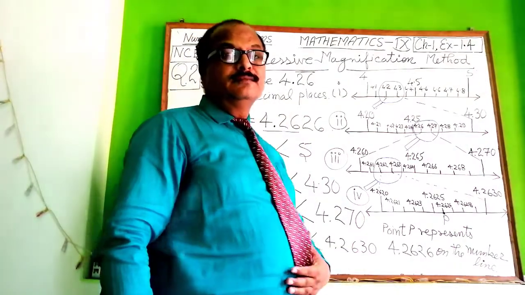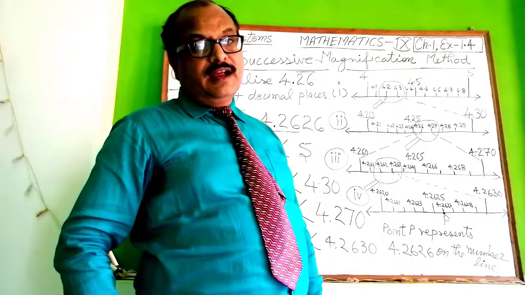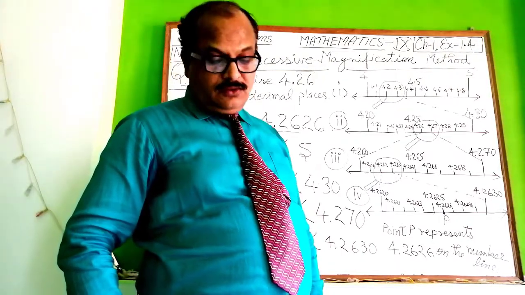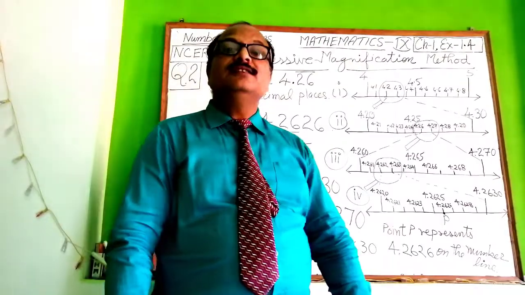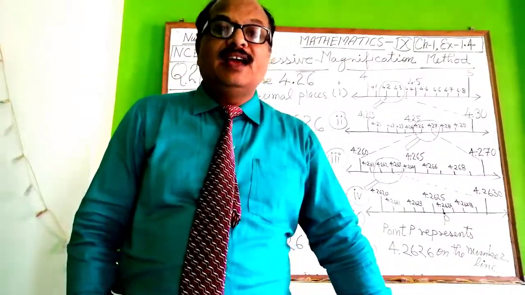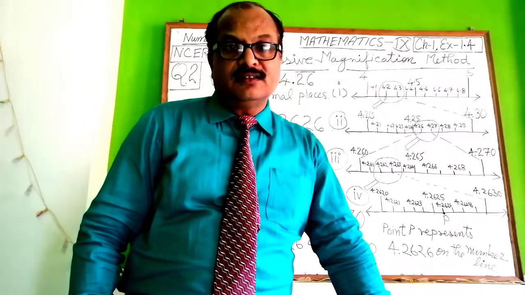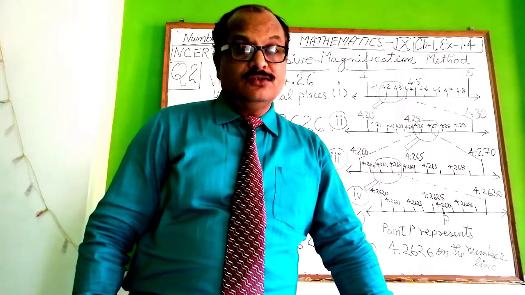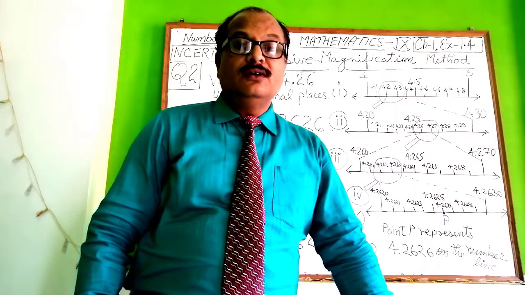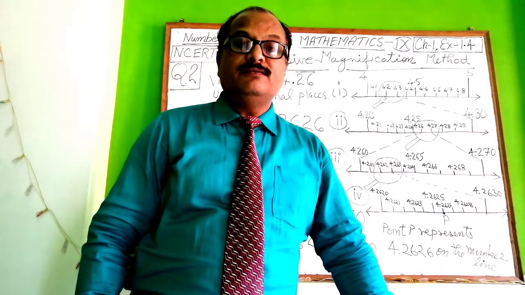I will give some extra questions for your practice and also you can see the next exercise is 1.5, and it is based on operations on real numbers. So in the next video I will show you how to do exercise 1.5.